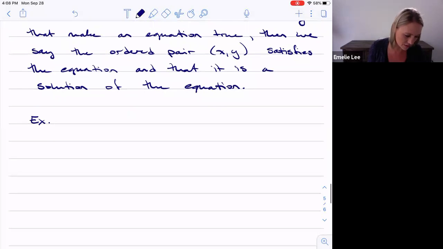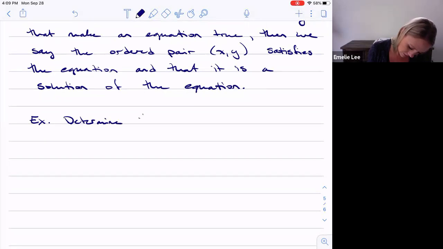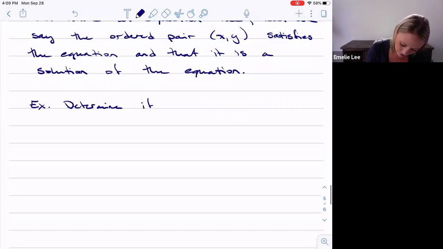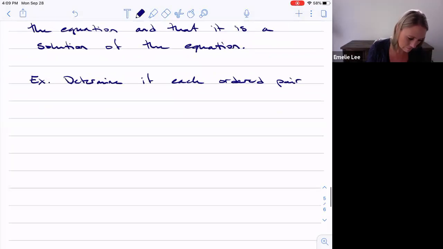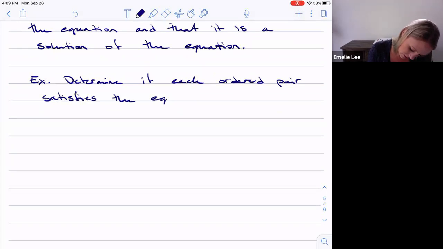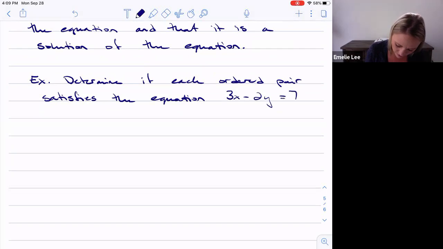So for example, determine if each ordered pair satisfies the equation 3x minus 2y equals 7.